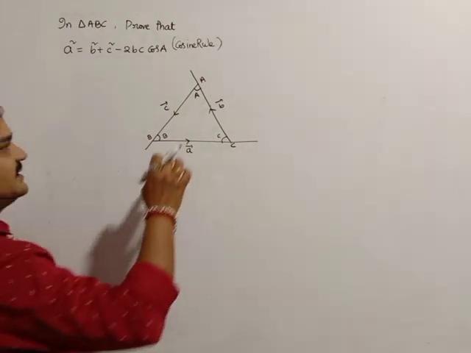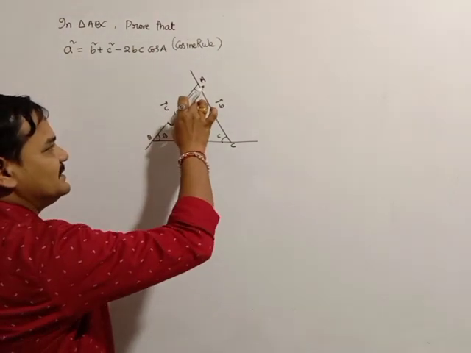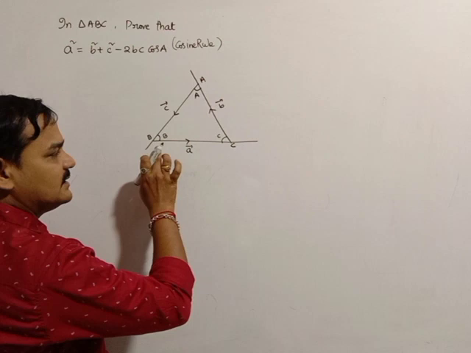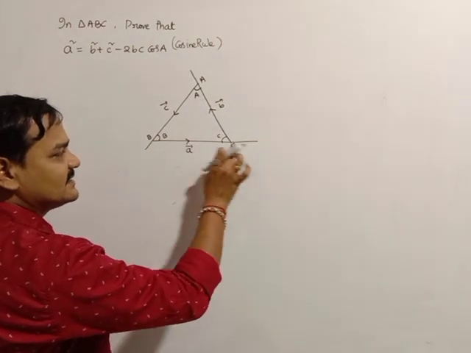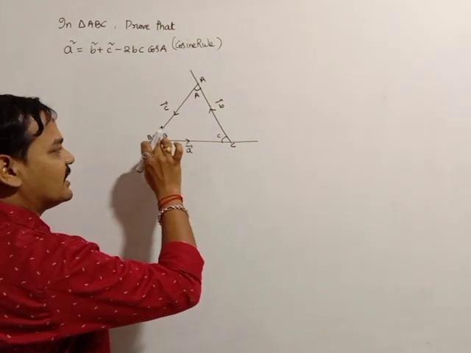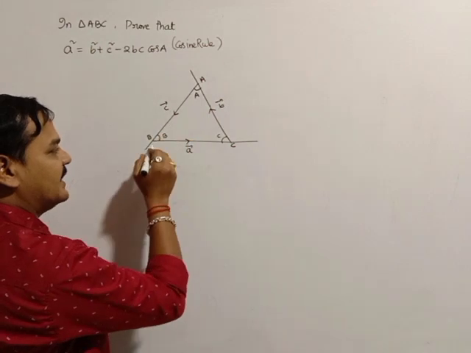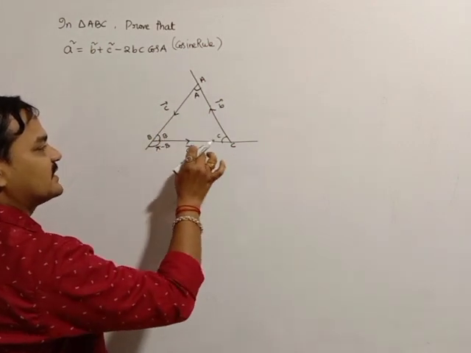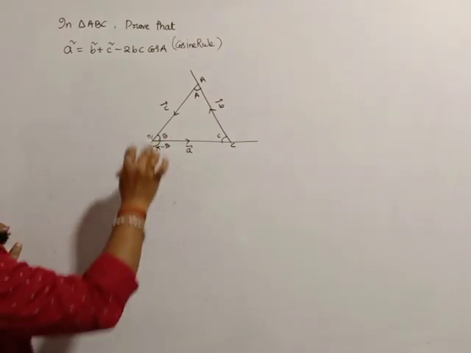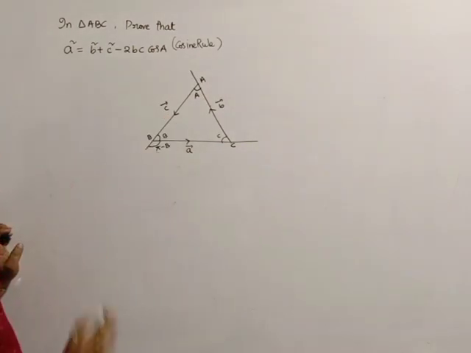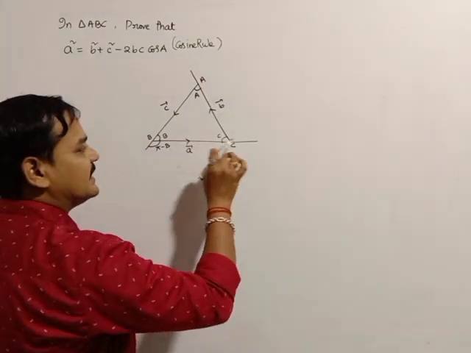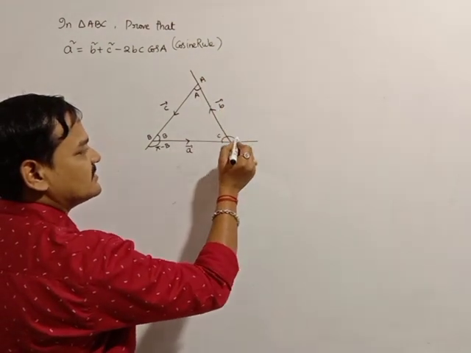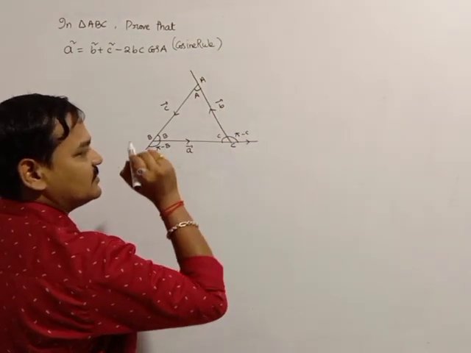You just observe here, AB bar means the vector is coming inside, BC bar means the direction is going to the outside. So it cannot become the angle B. The angle is pi minus B. So the angle between these two vectors, C bar and A bar, is pi minus B. Similarly, the angle between A bar and B bar is also pi minus C because both are going in the outside direction.